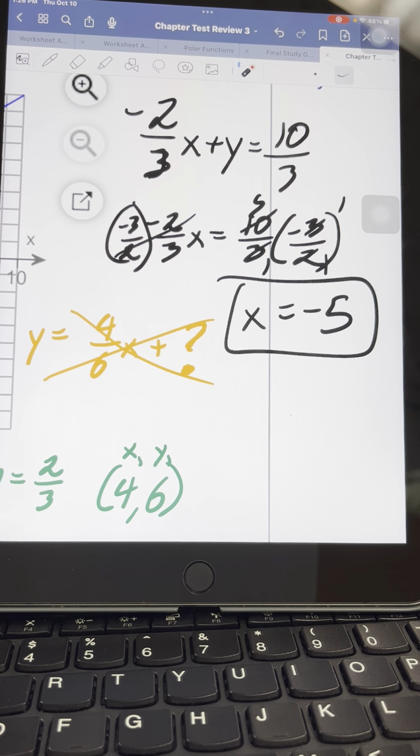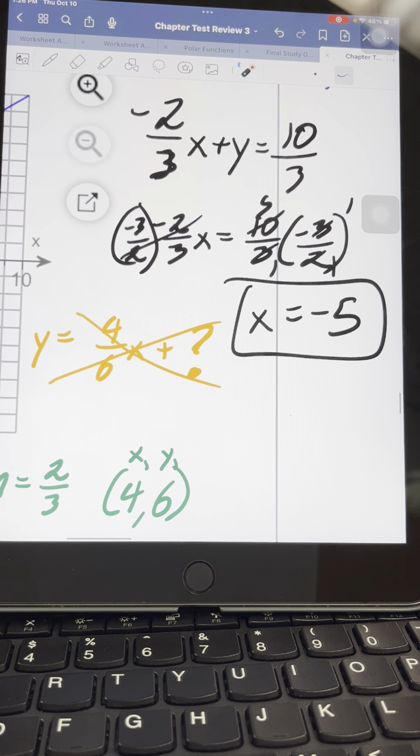You probably forgot about that term, but the multiplicative inverse is the number that we have to multiply a fraction by in order to make it 1. Because what is 1x? Isn't that just x? That's why we multiply the reciprocal to get x by itself. So what's negative 3 times negative 2? 6. What's 2 times 3? 6. What's 6 over 6? Just 1. That's how we got the x alone.